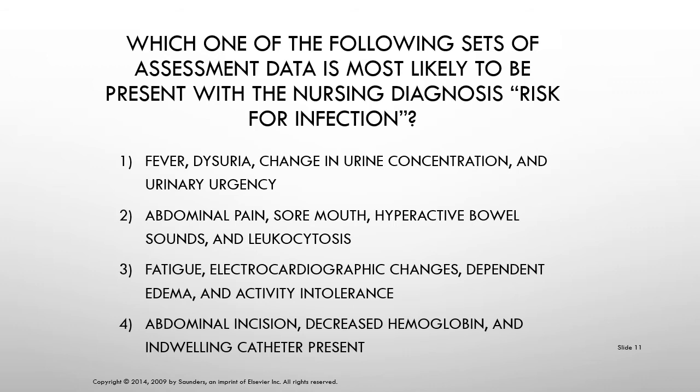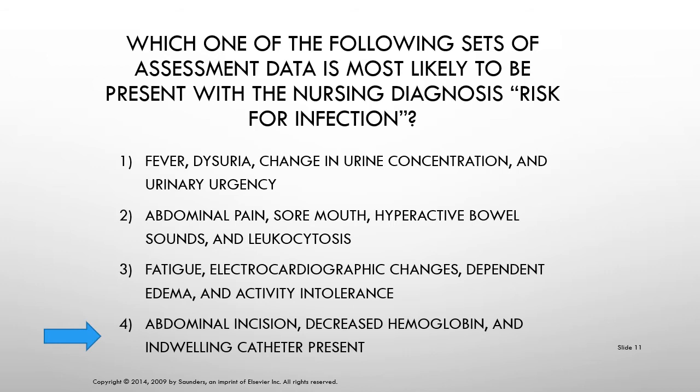Okay, if you want more time, just pause this. But did we come up with number 4? Right off the bat, you see 2 big risks: the abdominal incision and an indwelling catheter. Also keep in mind some of the answers, like number one, we start off with the fever.